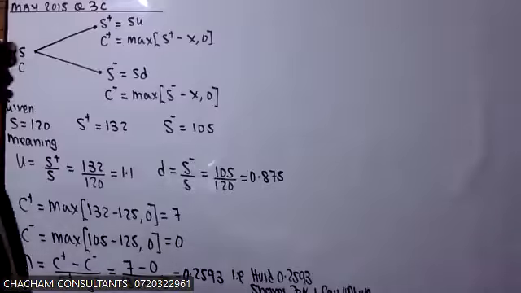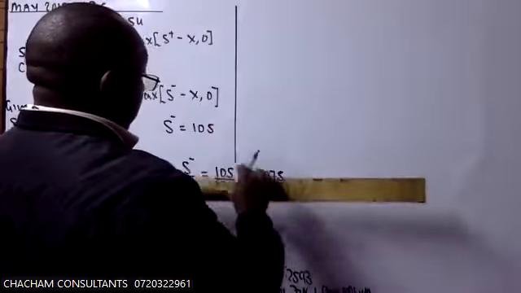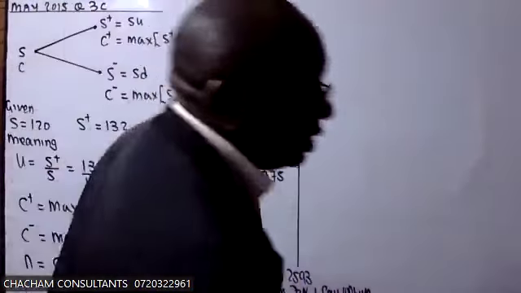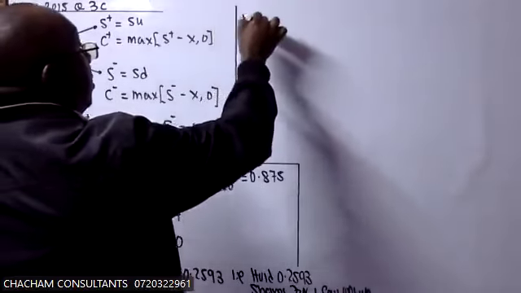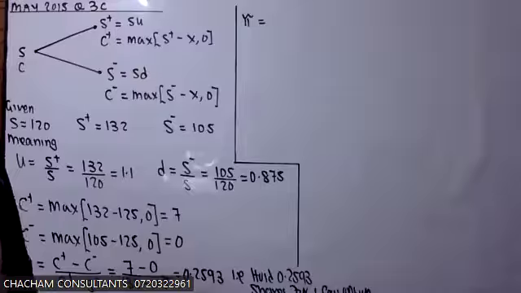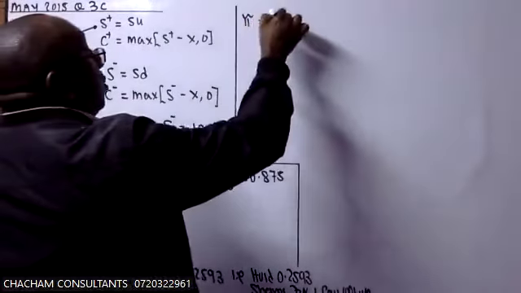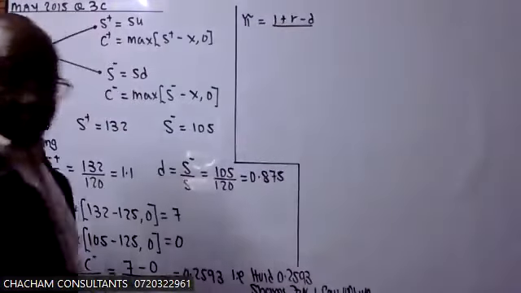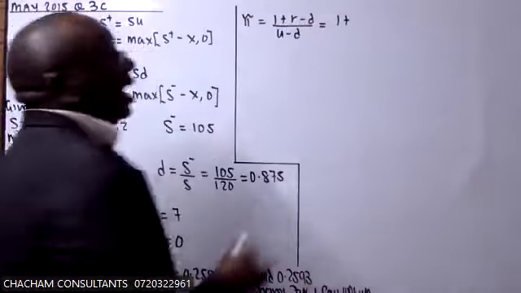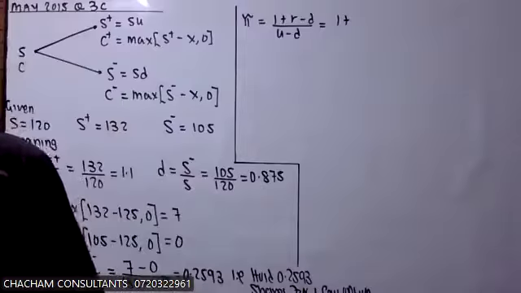So we need now to get the probability of upward movement, pi. Remember we said pi is given as 1 plus R minus D, divided by U minus D. Our R here, we are not dividing it because the period involved here is 1 year.